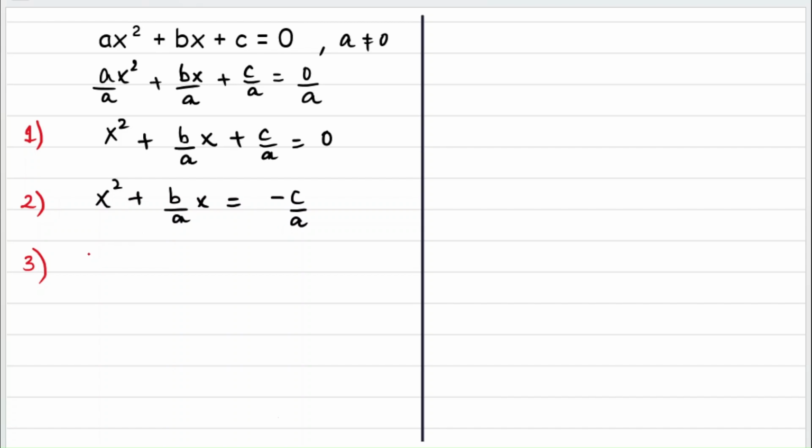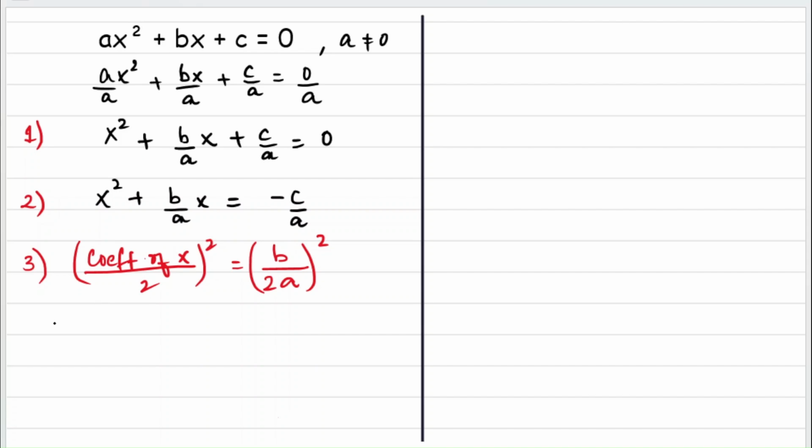That number is always equal to the coefficient of x divided by 2, whole squared. Now what is the coefficient of x in this equation? It's b over a. So b over a divided by 2 means 2 goes in the denominator. So I would be adding (b/2a)² to both sides of this equation to get a perfect square on the left side.